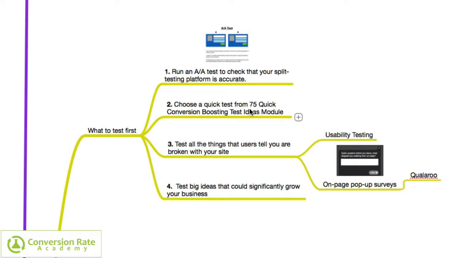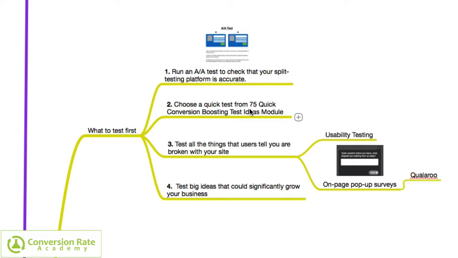The tests never reach significance, because unless your tests are based on something that's being told to you by your visitors, that's either broken with your site or something they don't believe about what you're claiming, or the sales objections, then they're not going to have a significant impact on your bottom line. So try to have a warm-up test that is based on something of some validity.